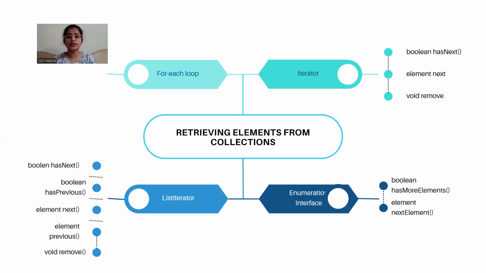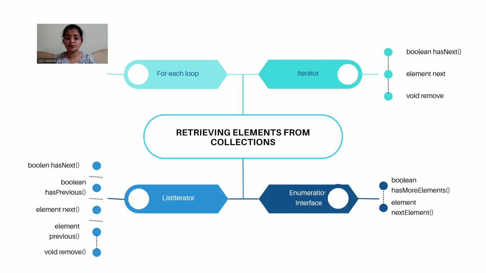It is similar to iterator, but the difference is that in iterator we can traverse only in the forward direction, accessing the elements one by one. But in ListIterator, we can access the elements in forward as well as backward directions.